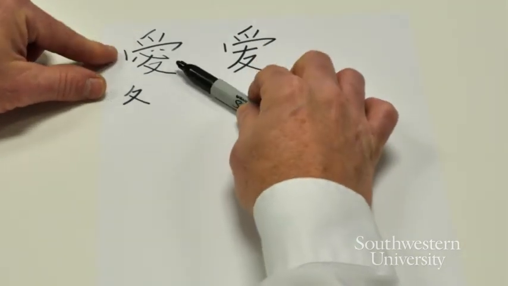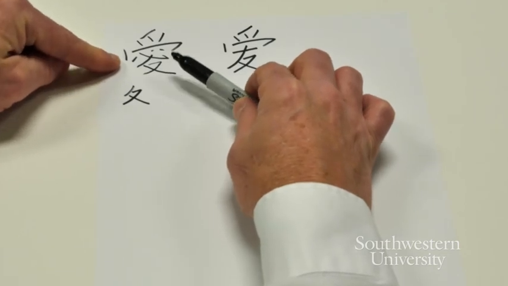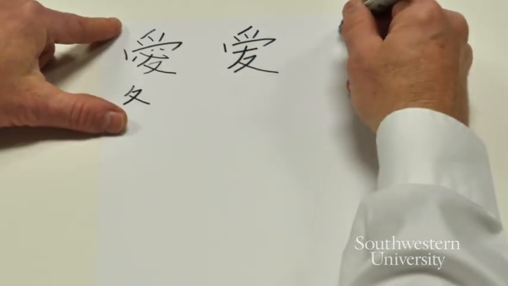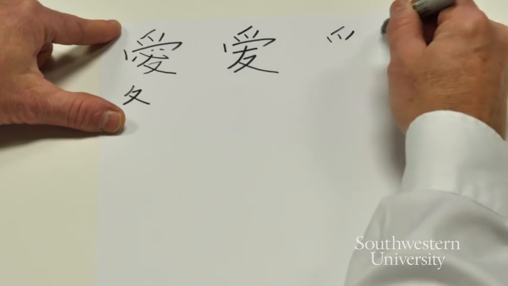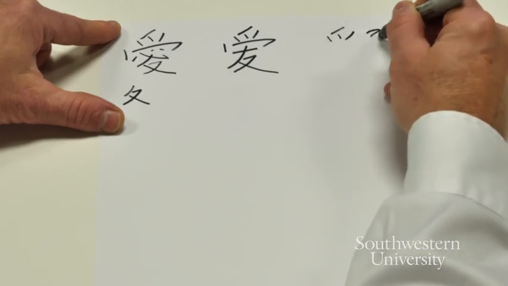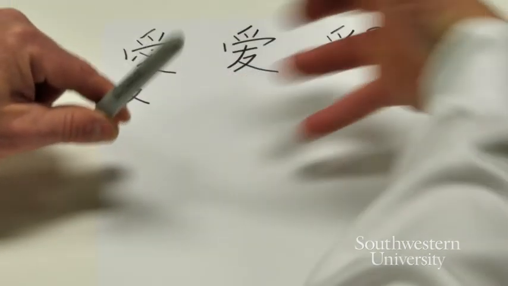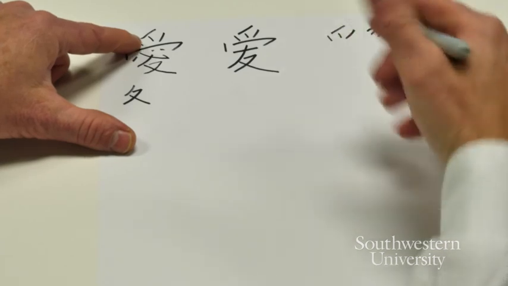Actually, the original meaning they think meant to walk slowly, and so it was just borrowed for the sound. One thing I want to point out here is that this can be a hand. So anciently it might have been written like this. It sort of depicts the fingers like a claw, to grab or grasp something.